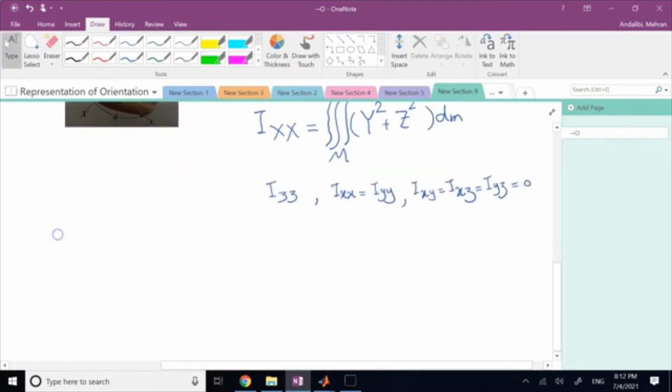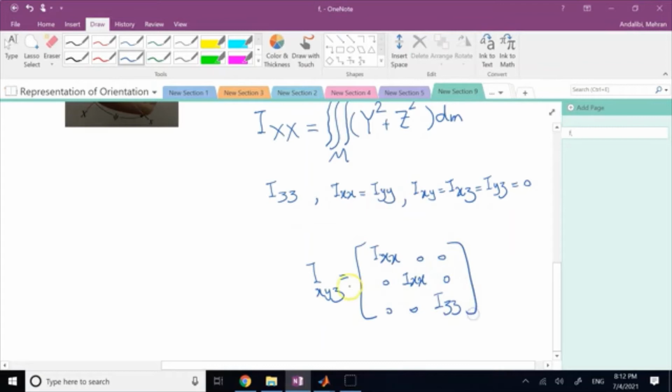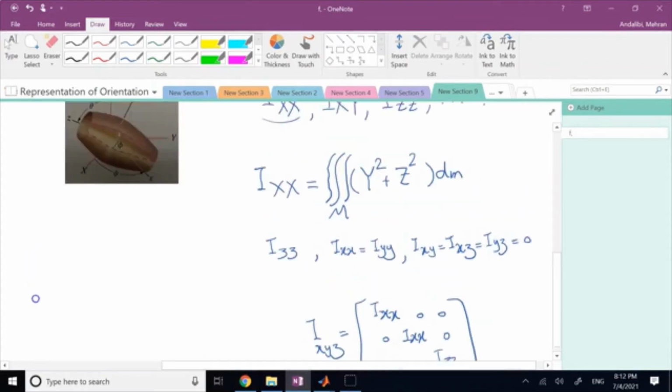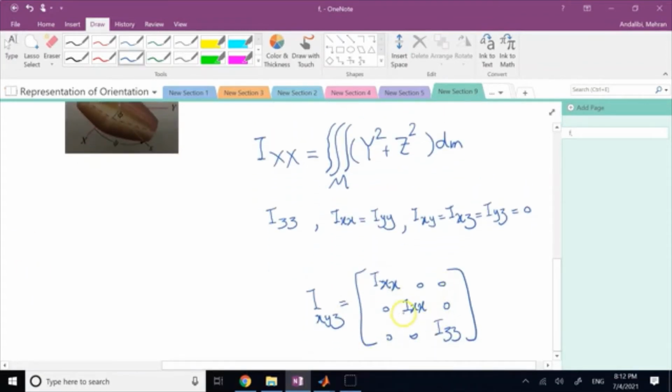So your inertia matrix I, as written in the small frame xyz, is Ixx, Ixx again, because X and Y are the same, Izz, and then 3 zeros here and 3 zeros there. So the inertia matrix in the small frame, the body attached frame, is extremely simple.